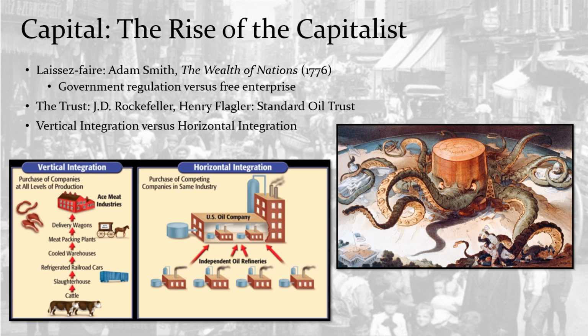U.S. Steel buys up the mines that would mine the iron ore. They would buy up the refineries for the steel, and then they would buy up the railroad, which would transport the steel. So all of the pieces of the company, whatever it touched, were owned by U.S. Steel, and he made millions and billions of dollars off of this.